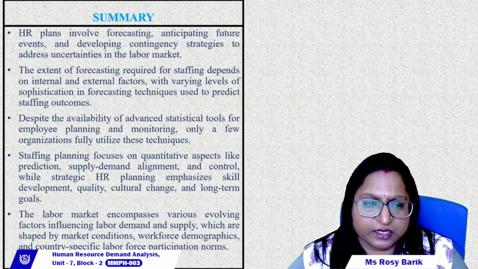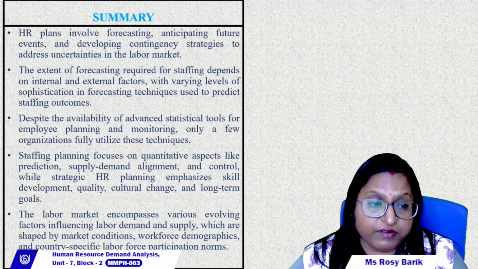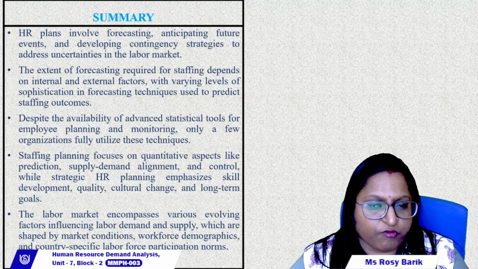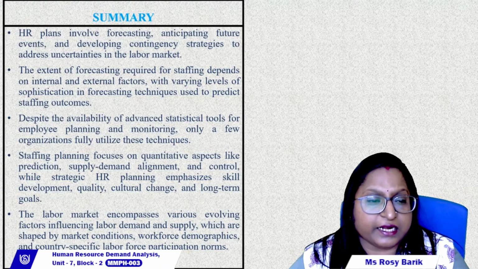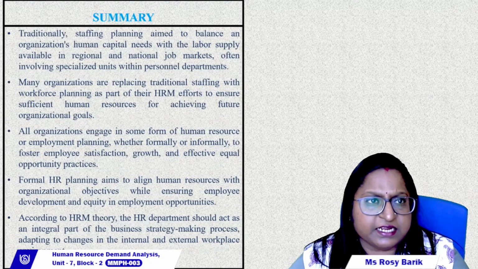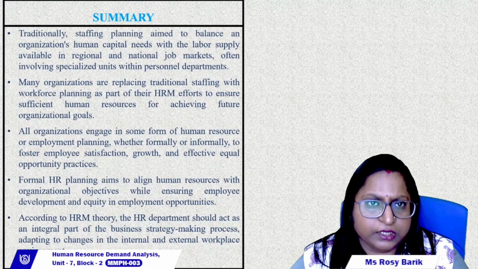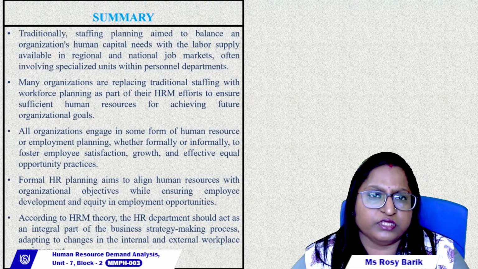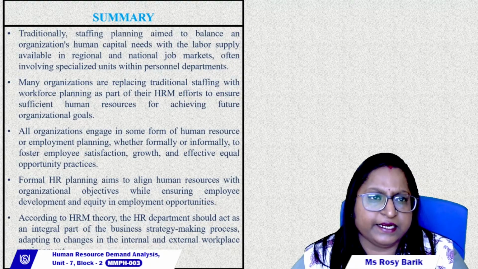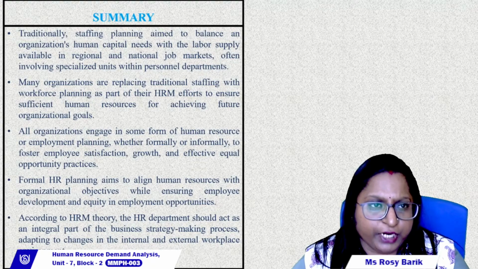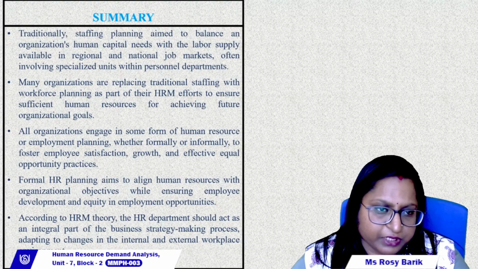The labor market encompasses the various factors that influence labor demand and supply, which are shaped by market conditions, that is workforce demographics and country-specific labor force participation norms. Traditionally, staffing planning aimed to balance an organization's human capital needs with the labor supply available in regional and national job markets, often involving a specialized unit within the personnel department.